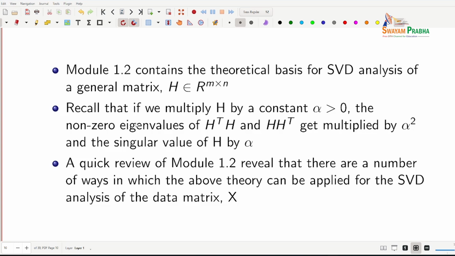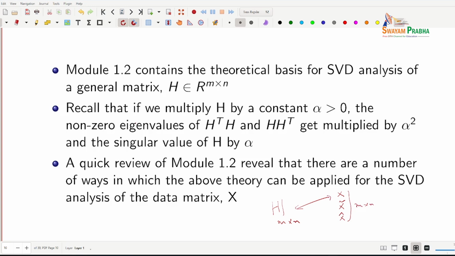A quick review of the SVD analysis tells you the above theory can be applied to the SVD analysis of the data matrix. So, earlier we developed the SVD in terms of matrix H, which is m by n. Now, I have a data matrix X, X tilde, X hat. Each of these is also an m by n matrix.